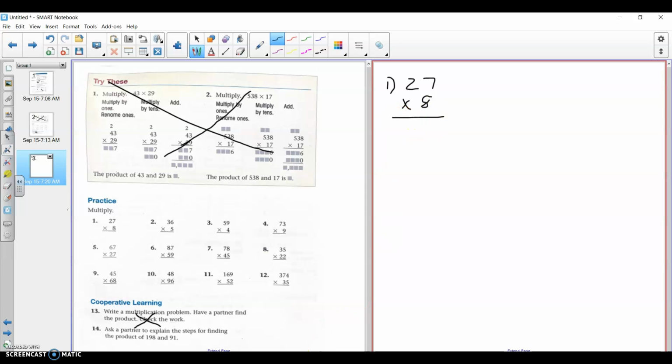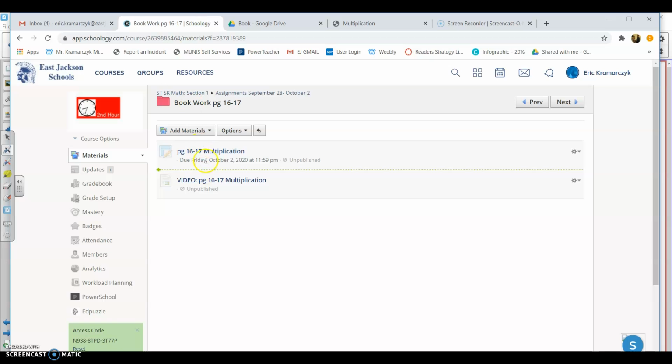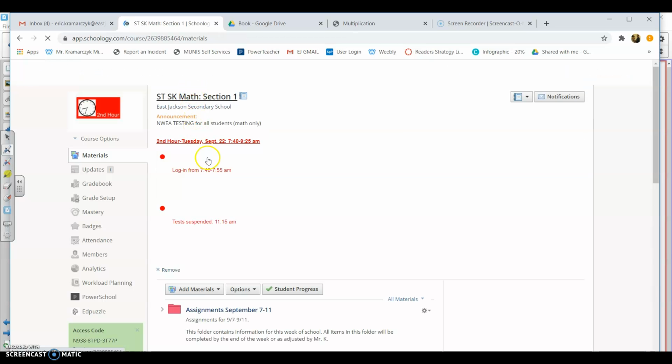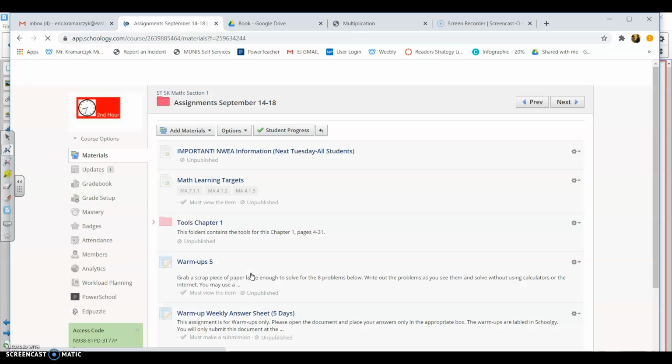One interesting thing here that I will have for you is in Schoology, in your tools folder. I've got to find out where our tools folder is. I think we currently have it right here.